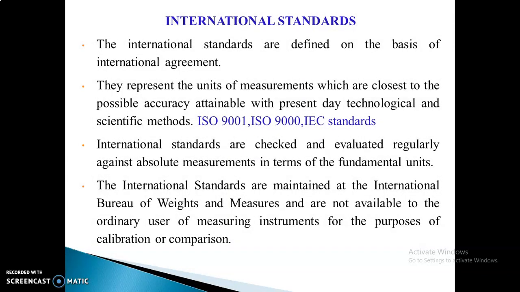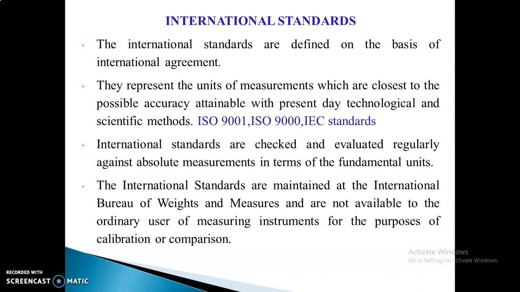So how are they used? What is the purpose of the international standard, then the primary standard, secondary, then working standard? Actually, the international standard is accepted internationally, and it represents some of the units and measurements very close to the maximum possible accuracy attainable by the current technology.